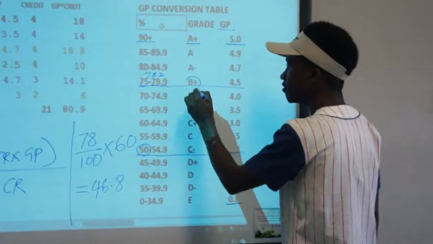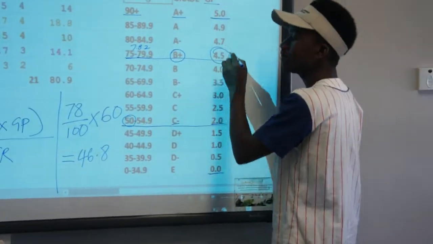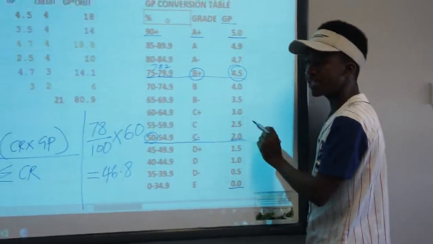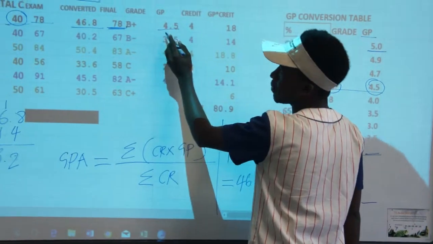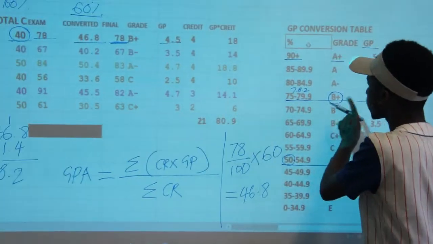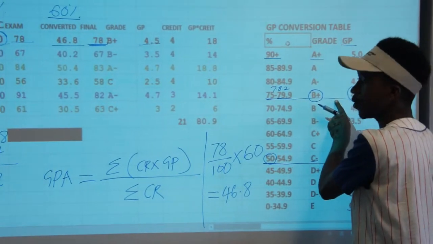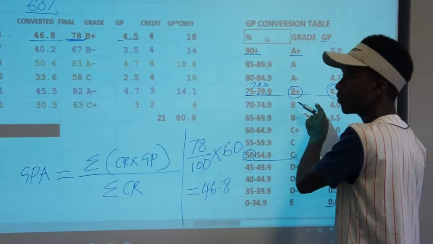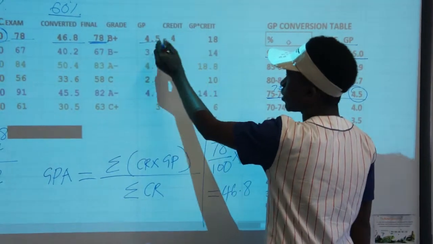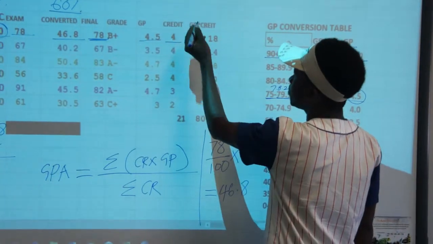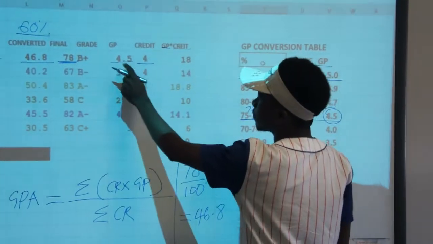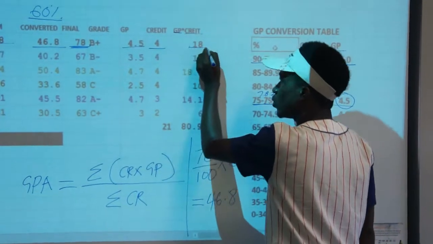That means your grade is B plus, and your grade point is 4.5. As you see, your grade point is obtained from the grade point conversion table. So you are going to multiply your grade point with your credit. So GP times credit is 4.5 times 4, this gives you 18.